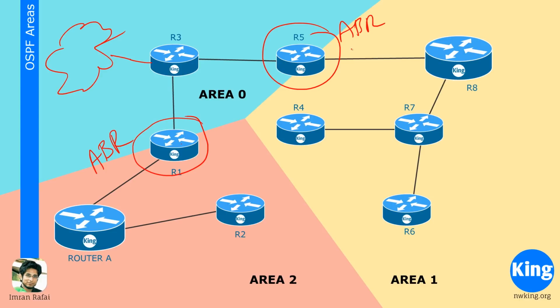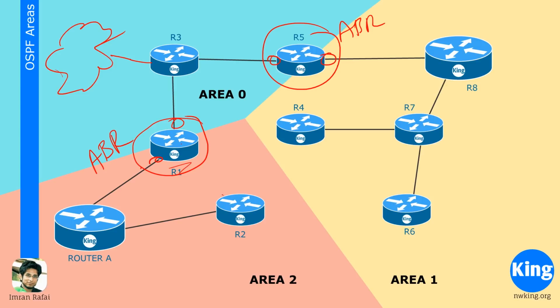What is an area border router? An area border router is a router which has one interface in one area and the other interface in area 0. Every area, like I said, has to connect to area 0. So one interface in that particular area and the other interface in area 0, right? That's what an ABR is.